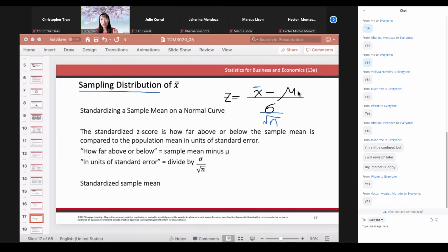Okay, good. Hector's good. So this is the new formula we're going to use today for all the calculations. It's the same concept of z-score, just in a different context of samples. So that's all the difference.